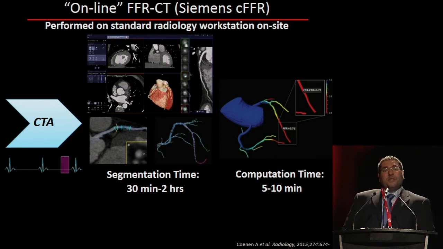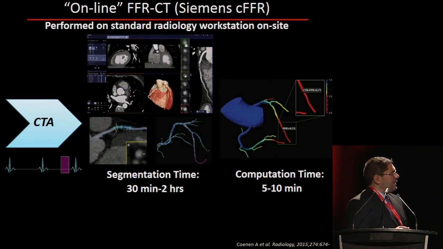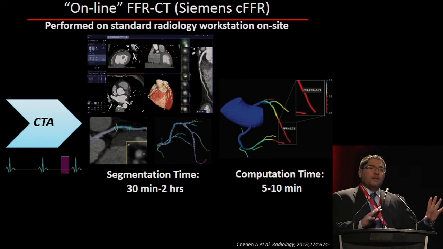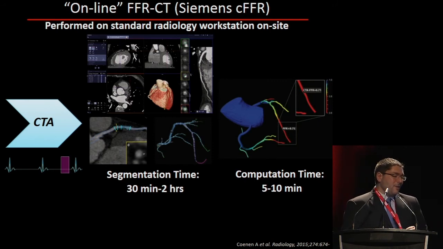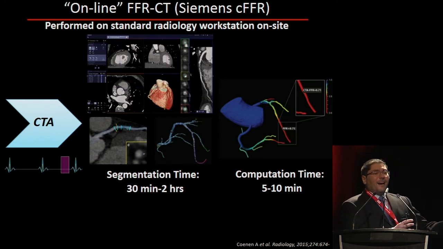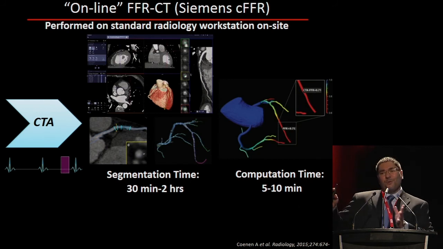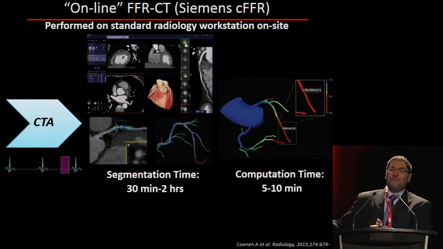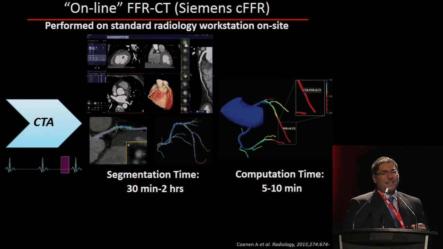So the accuracy of CT perfusion was well established by CORE320, and it showed that it does a better job than CTA alone to detect hemodynamically significant coronary artery disease. And the reason why I wanted to talk about this in CT perfusion is because, in CT FFR, there are 5 studies that have been done on FFR-CT, and there are probably 6 or 7 meta-analyses of these 5 studies.